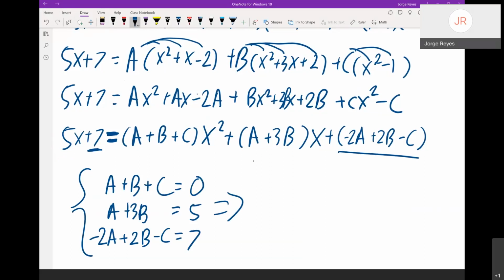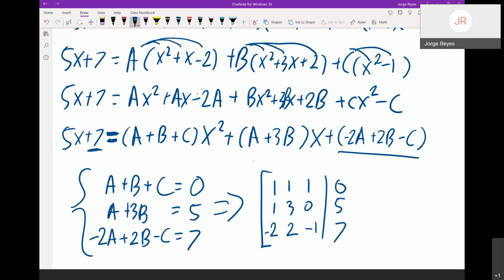And this is a system, right? This is why this is in chapter 10, because now you have this augmented matrix, which you should know how to solve. So I'm going to solve this.